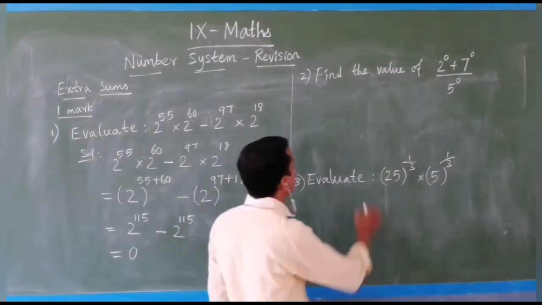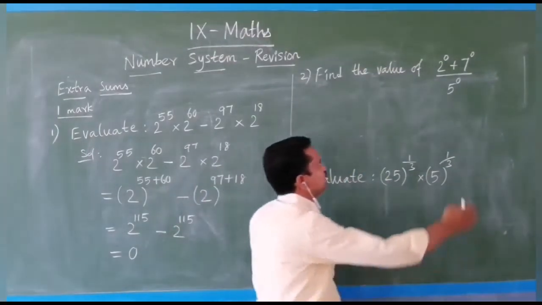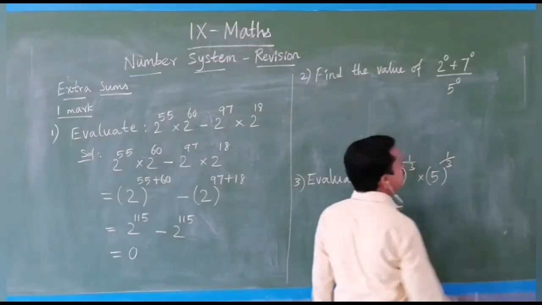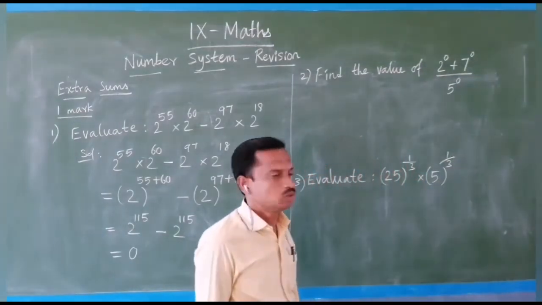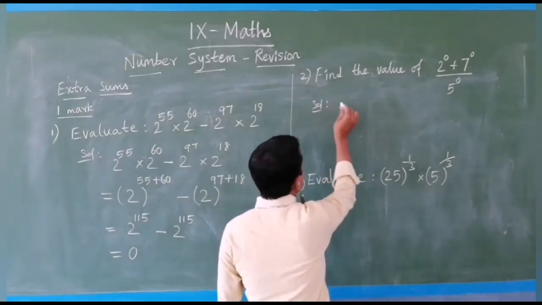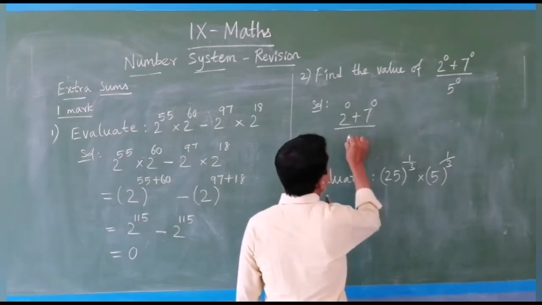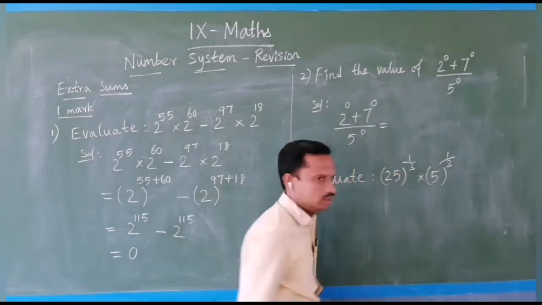So question number 2, find the value of 2 power 0 plus 7 power 0, the whole divided by 5 power 0. So this is a very easy one. You know a to the power 0 is 1, that you know.